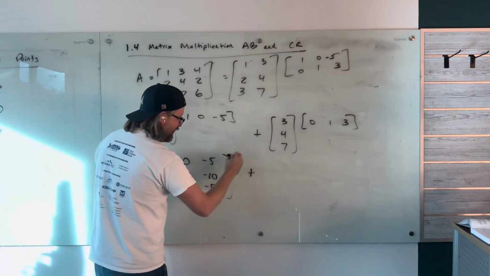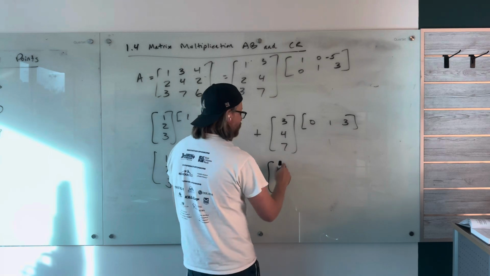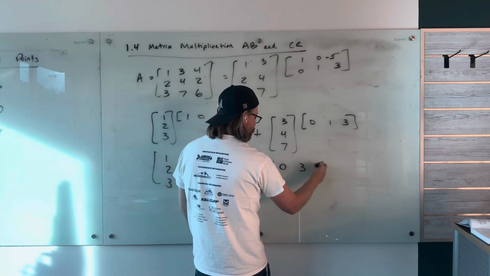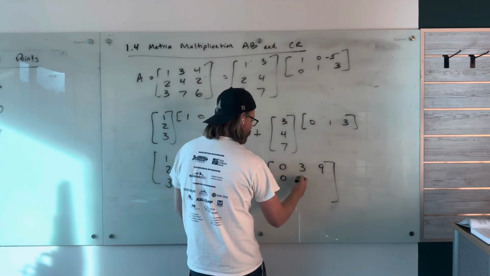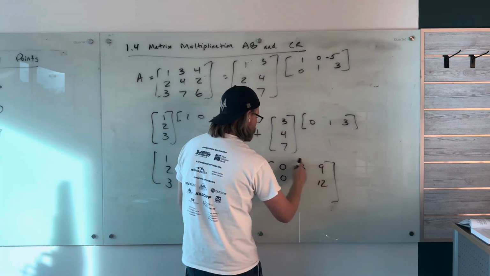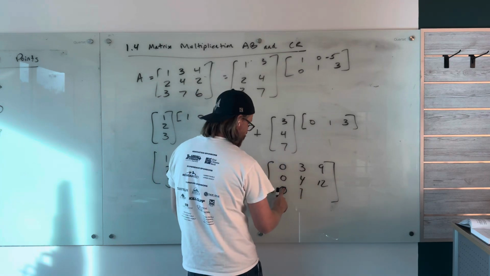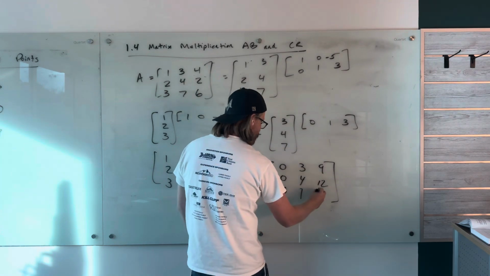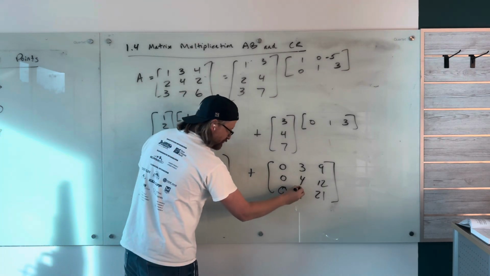Well, if I then add 3 times 0, 3 times 1, 3 times 3, 4 times 0, 4 times 1, 4 times 3, 7 times 0, 7 times 1, 7 times 3. If I add these two things together now, apologies, it's terrible looking.